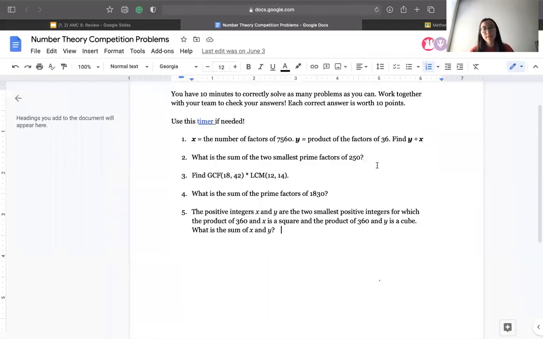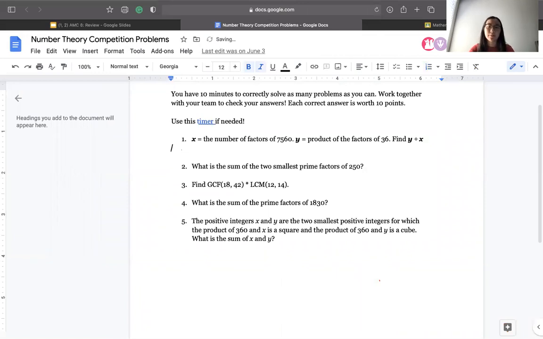Okay. And a quick explanation of these other ones. So the number of factors of 7,560. Well, first you find the prime factorization, and then you apply the formula. So your answer for x should be 64 after doing that.